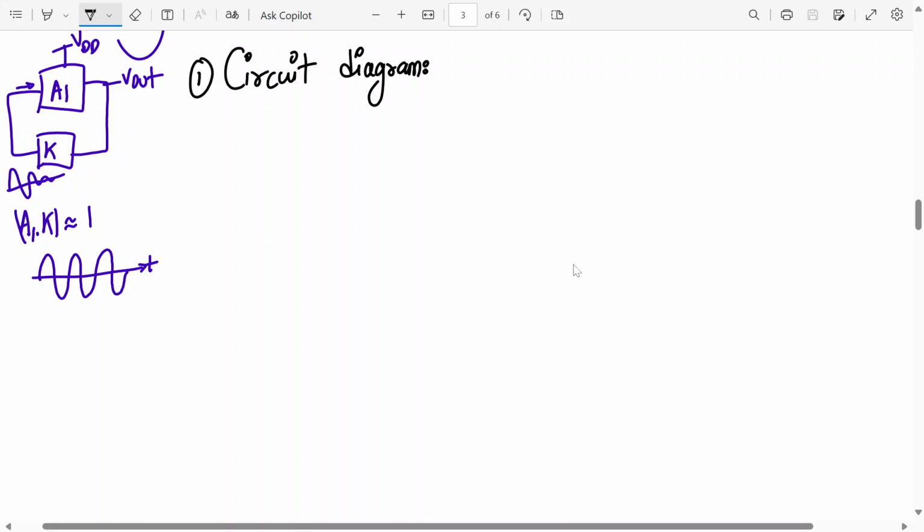Okay, in the meanwhile, draw the circuit diagram. I hope he will ask the doubt again. So first of all, we'll draw the amplifier network. The amplifier, as we know, is a voltage amplifier. So it's a common emitter amplifier which we have drawn before. So this is my amplifier.